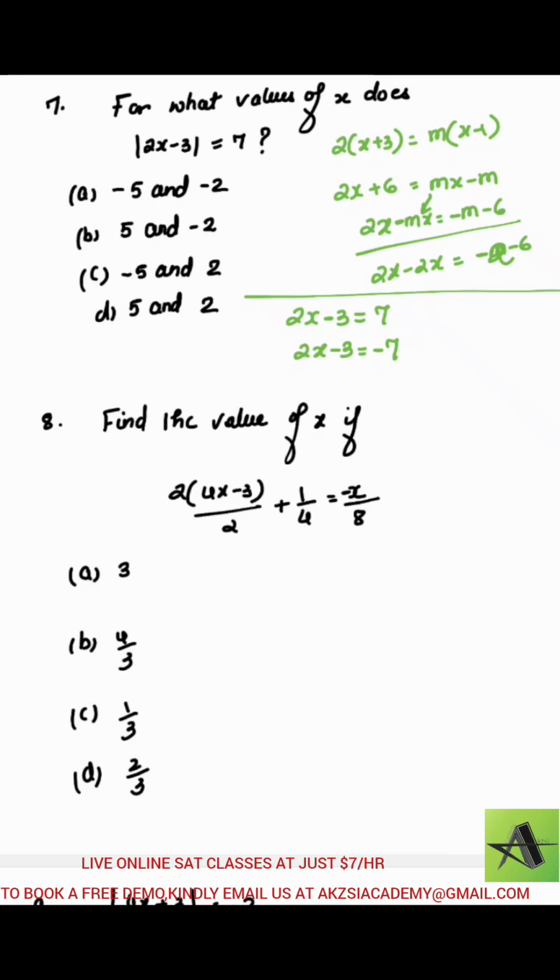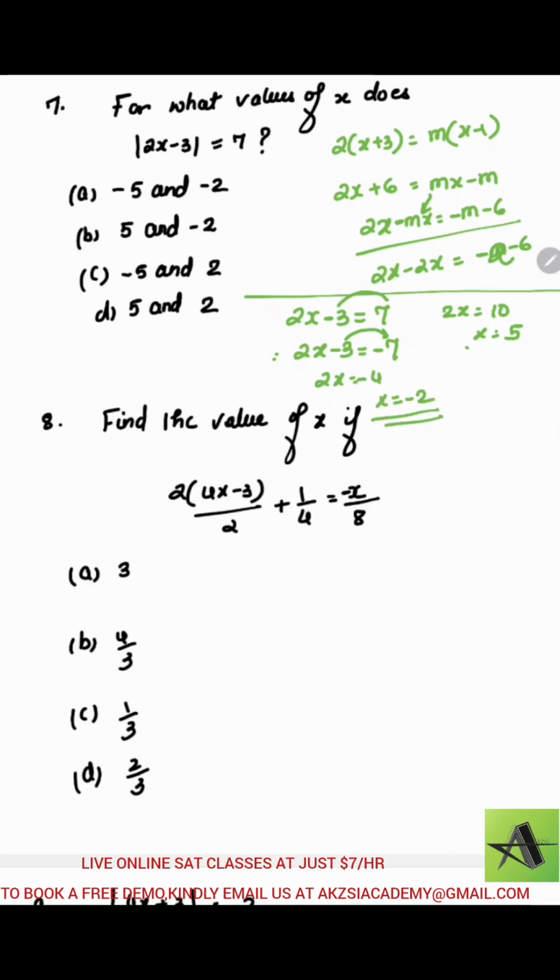So before the modulus, 2x minus 3 is equal to 7 or 2x minus 3 is equal to negative 7. When you solve the first equation, you will get 2x equals 10, transposing, and x equals 5. For the second equation, transposing it here, 2x equals minus 4 and x equals minus 2.